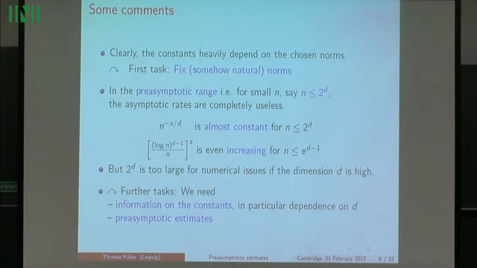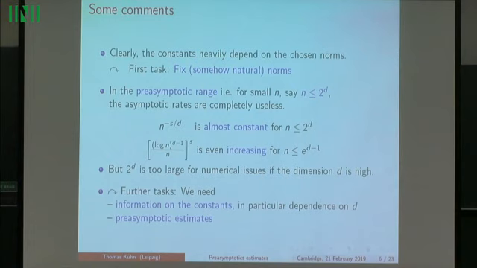So, some comments first. I mean, here in this context, it is clear that these constants, these lowercase c_{S,d} and capital C_{S,d}, they heavily depend on the norms that we have chosen in the space. And usually on the Sobolev spaces there are many, many different equivalent norms.